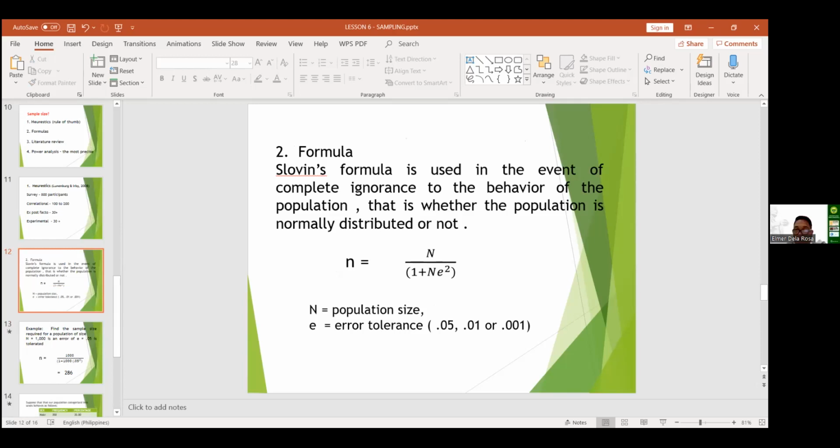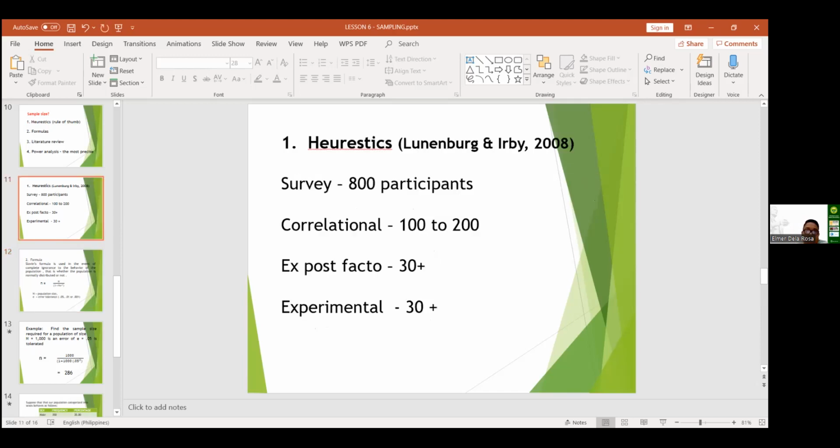Sabi nung host. Di ba may tanong? Tapos huhulaan ng mga contestant ano yung mga naging sagot ng mga sinurvey, di ba? Sabi ng host, 100 daw po. Nag-survey ng 100 na mga tao, di ba? So kulang. O, kasi masyado namang maraming 800.